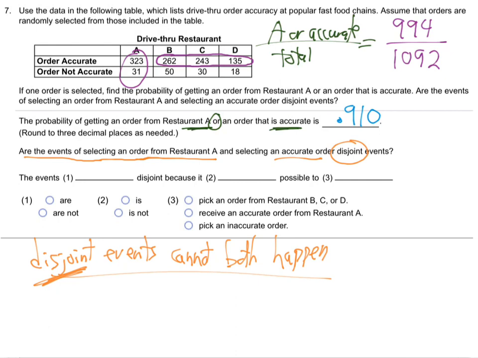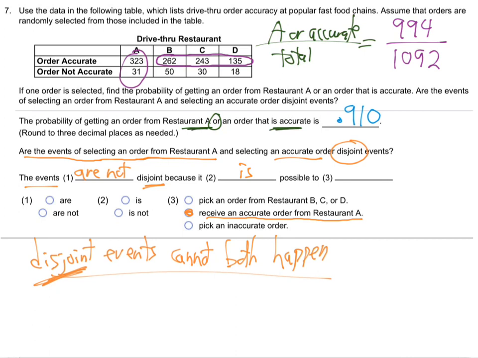So we would say these events are not disjoint because it is possible to receive an accurate order from A. It is possible to do both. Is that making sense? Disjoint means like if you have a joint that's disconnected, they're not together. Well, these could be together. You could have an order that's accurate from restaurant A.